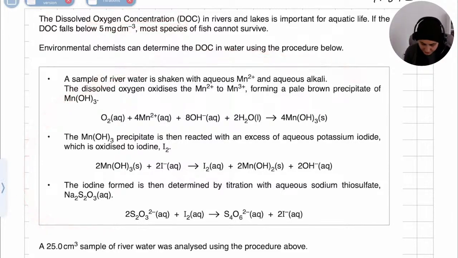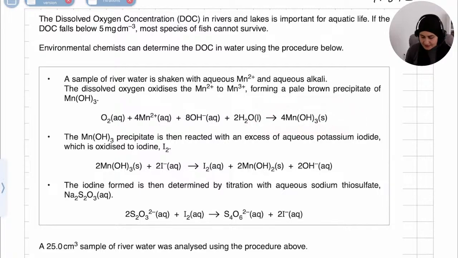A sample of river water is shaken with aqueous Mn2+ and aqueous alkali. The dissolved oxygen oxidizes that to that, forming a pale brown precipitate. So basically what do they give you? They take the sample of water which has dissolved oxygen in it, so oxygen aqueous, and then they add manganese 2+ in basic conditions to form MnOH3.